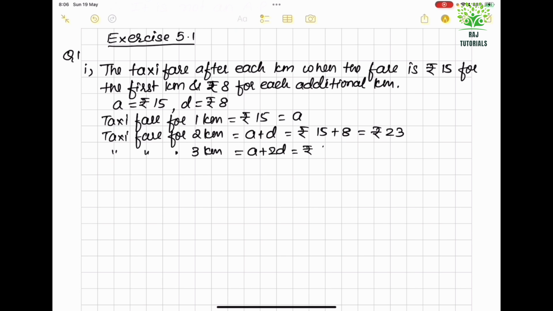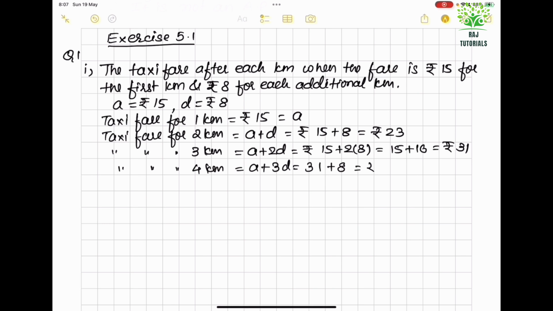So A is rupees 15 plus 2 into 8, that is 15 plus 16, so that is rupees 31. Then taxi fare for 4 kilometers. For the third kilometer I did A plus 2D. Here I am writing A plus 3D, but what I am doing is 31 plus 8.